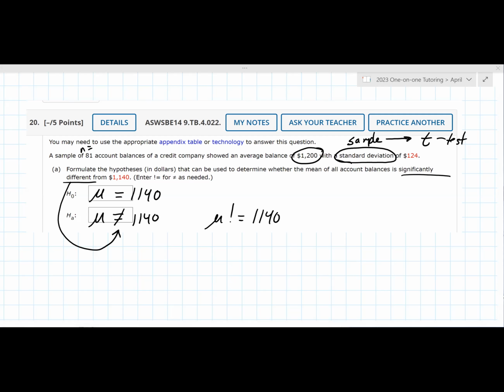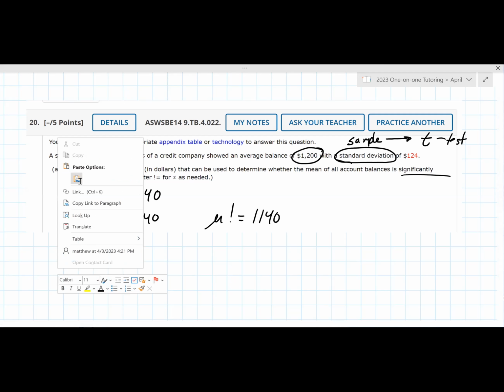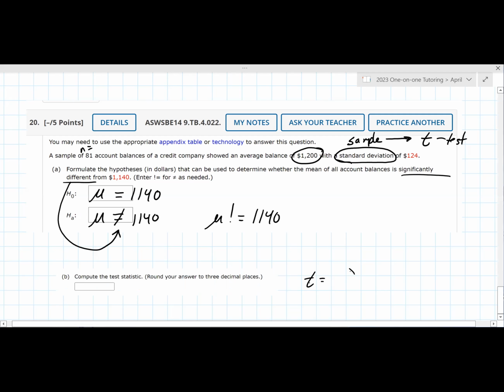The next thing it asks for is the test statistic. The thing is that it's not any different than what we've been doing, which is good and bad. It's like, why are they distinguishing between? So your T is X bar minus mu over S divided by the square root of N. It's really, really similar. Your X bar is 1200. Your mu is 1140.